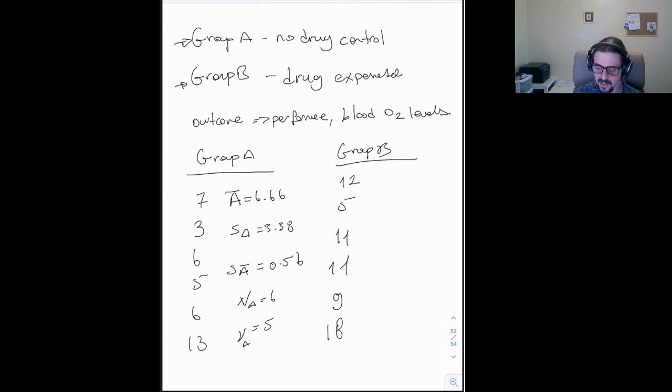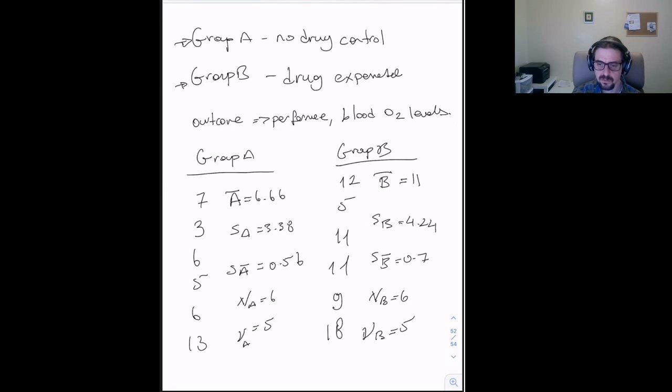I can do the same thing for B. Mean is going to be 11. Standard deviation is going to be 4.24. Standard error is going to be 0.7. Sample size is going to be 6, and the degrees of freedom is going to be 5.